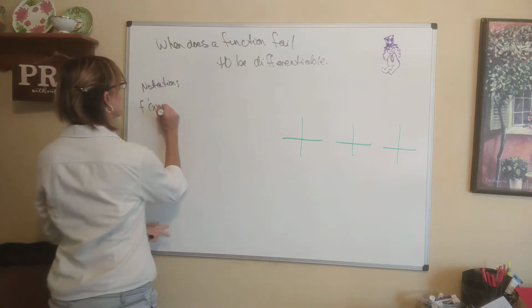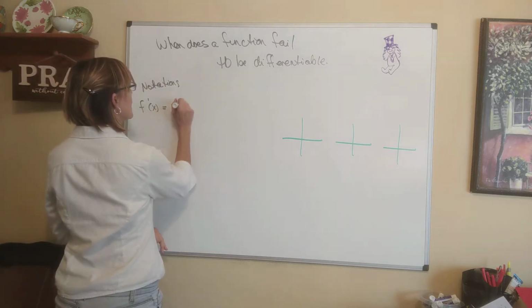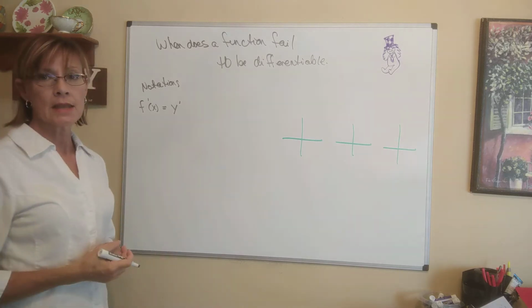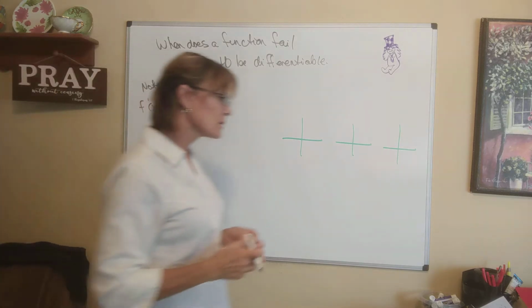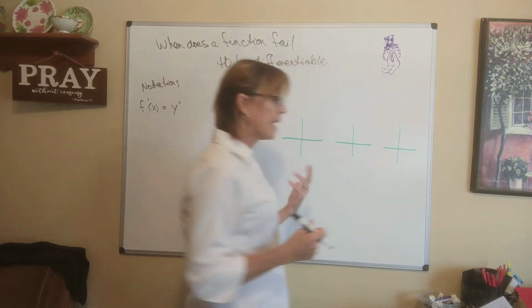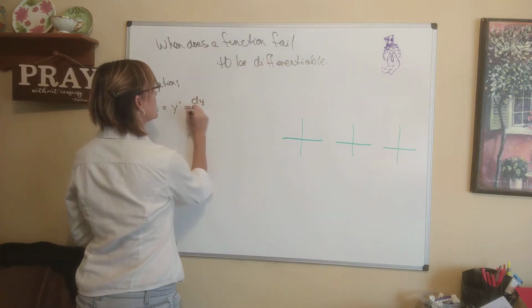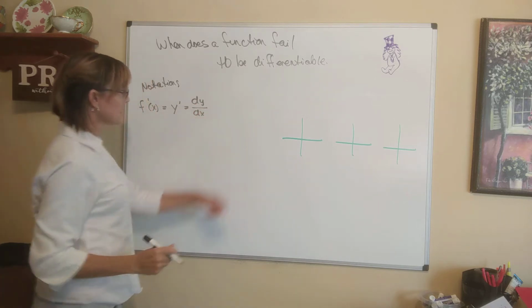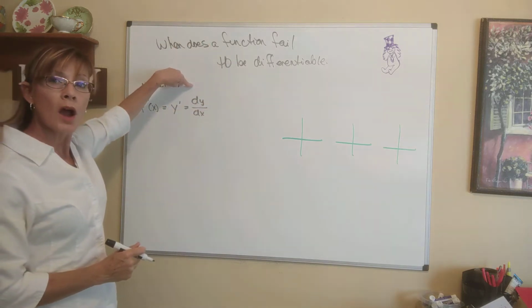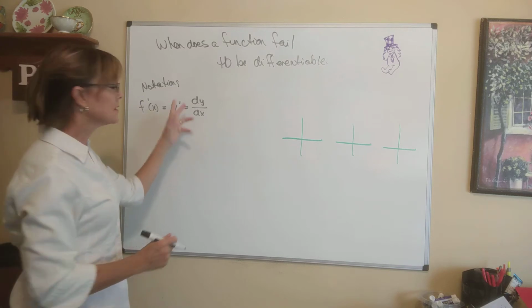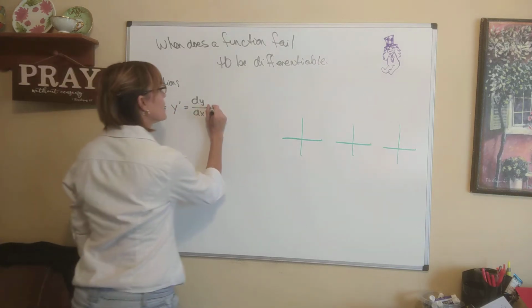If it's written as y, we can just say y prime. That means the same thing. Here is something else that you probably haven't seen before unless you've had some calculus before: dy/dx. This stands for the change in y with respect to x. dy/dx is another way we can write it.